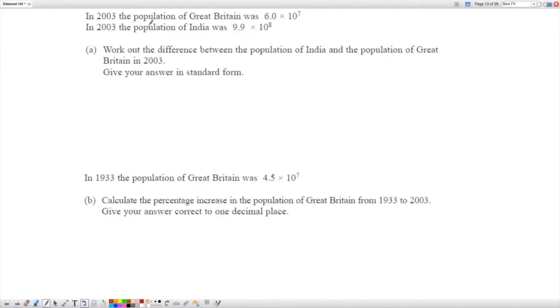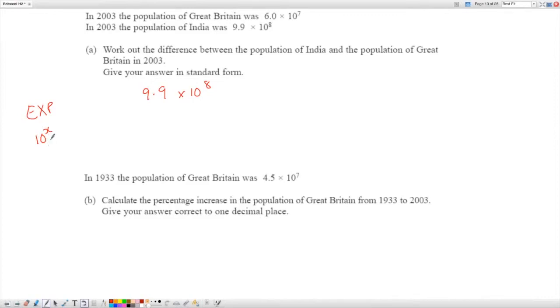Here we have the population in 2003 in Great Britain and India, expressed as standard form. We've got to work out the difference between the populations. We've got a calculator, so we can type in 9.9 times 10 to the power 8. You want to be using the EXP button or the x to the power 10 to the power x button on your calculator.